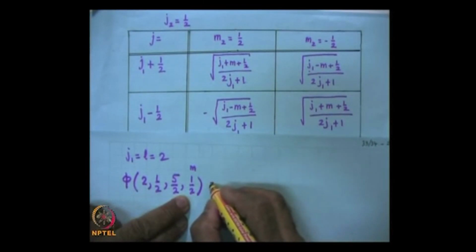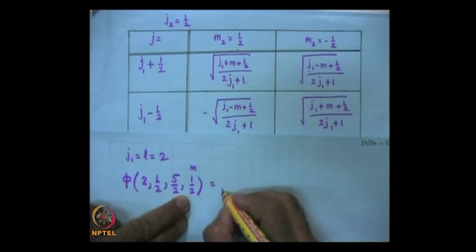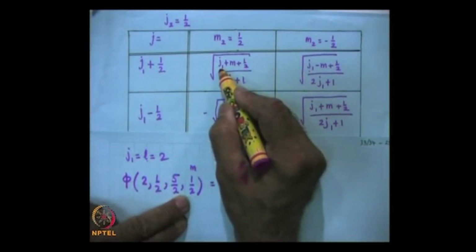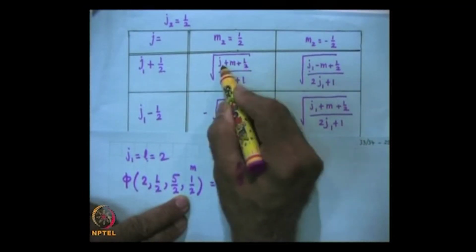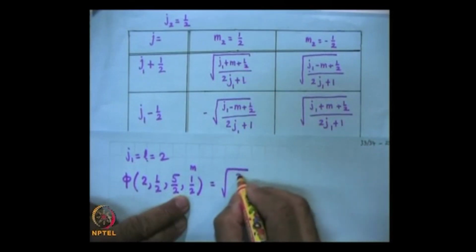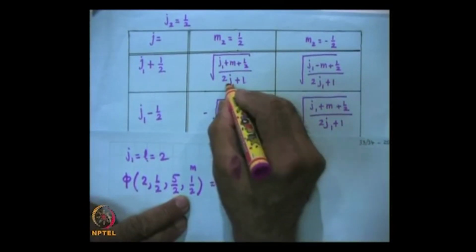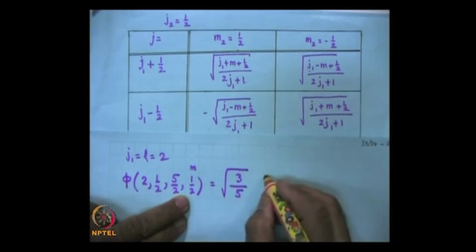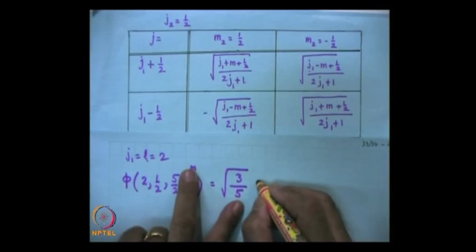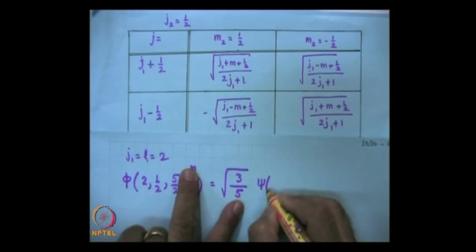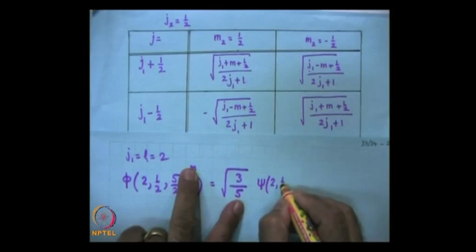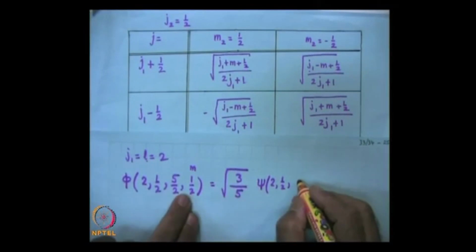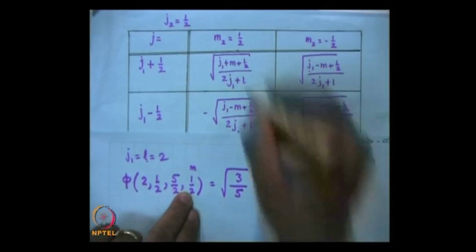So, this will be equal to under root of, j1 L is 2, that is 2 plus half, that is 2 plus 1 is 3, and this is 2 into 2. I hope I am doing the algebra correctly, 3 by 5, and this will be psi, please see this, 2 comma half, 2 comma half, and m1, m2 is half.